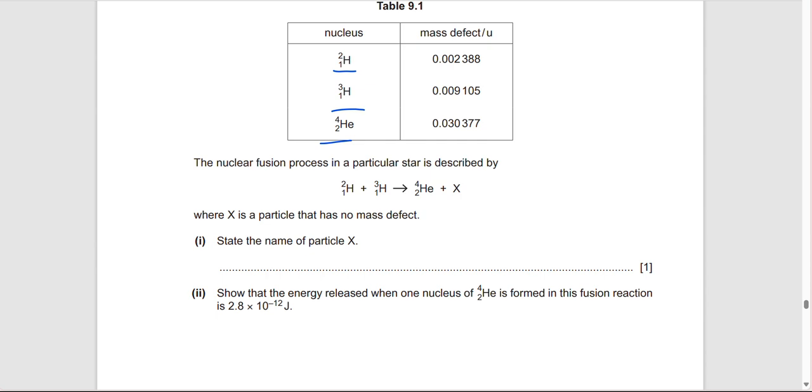Remember, this is a nuclear fusion. You have that neutron. If you do the mass balances right there, it's a neutron. That is the one that will account for the total mass. It's a neutron.